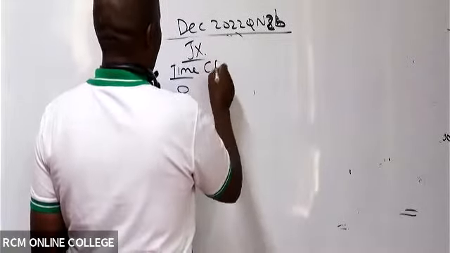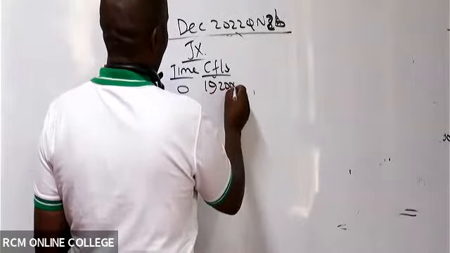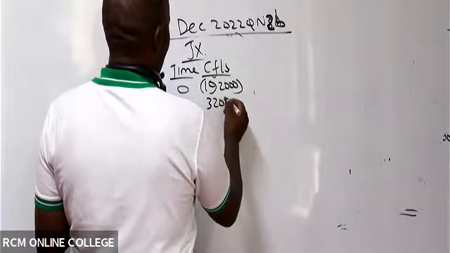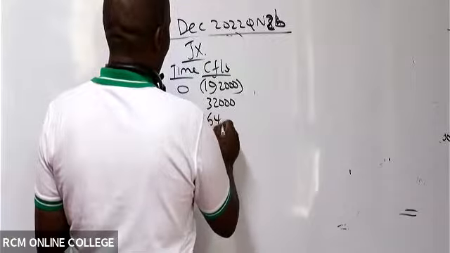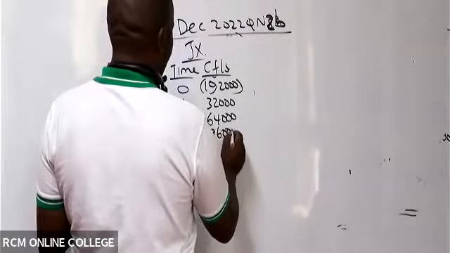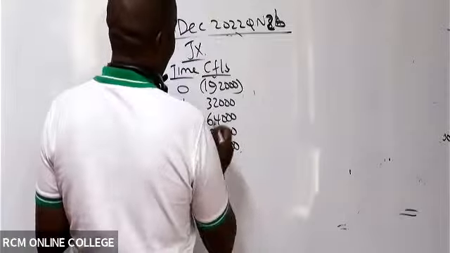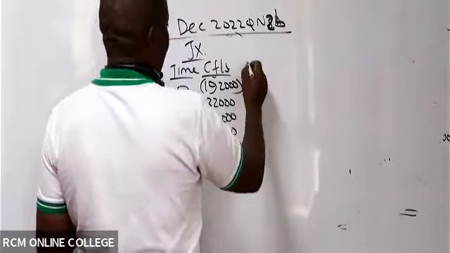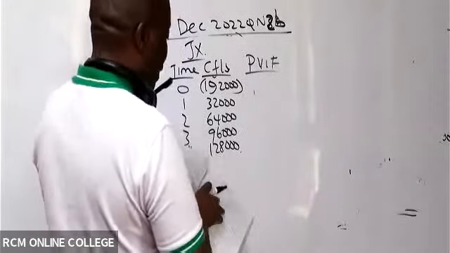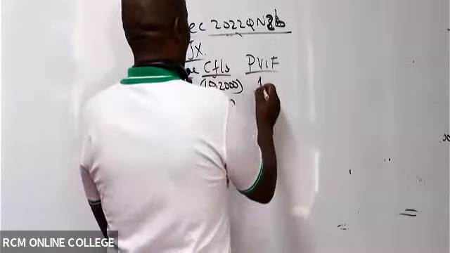Then the cash flows: 192,000, we have 32,000, 64,000, 96,000, 128,000. Fortunately, we have the present value interest factors, the discounting factors. We copy them the way they are, not forgetting that the PV for time 0 is always 1.